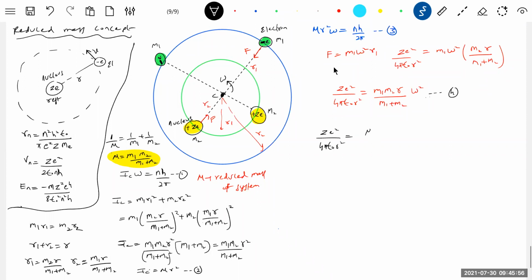Everything I shall write: mu r omega square, n h by 2 pi mu r square, whole square.